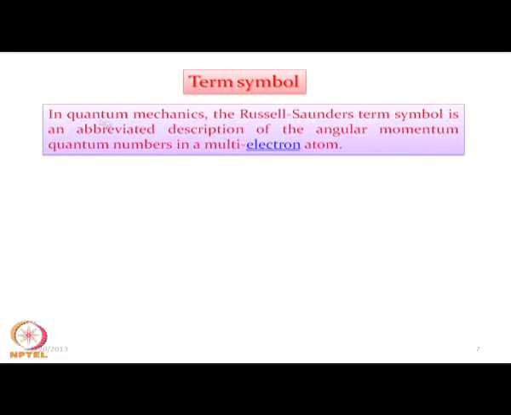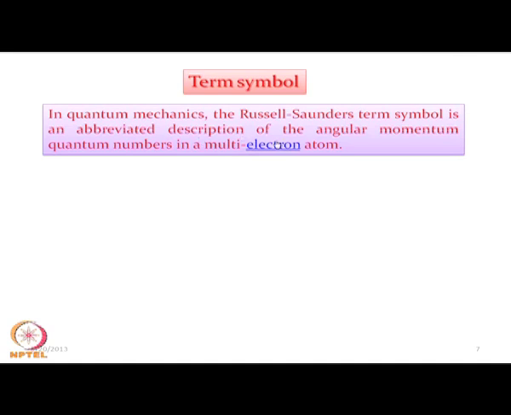So, how do we get term symbols? In quantum mechanics the coupling scheme is known as Russell-Saunders coupling, and due to that coupling a term symbol is an abbreviated description of the angular momentum quantum numbers in a multi-electron system. If we have 2p electrons or 2d electrons, we can have the corresponding description for the total angular momentum.